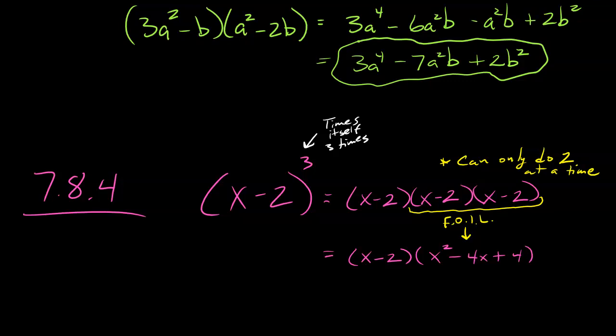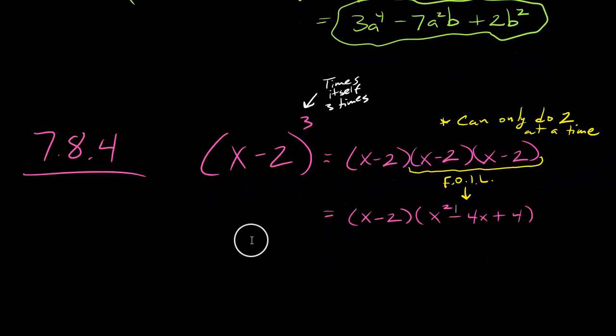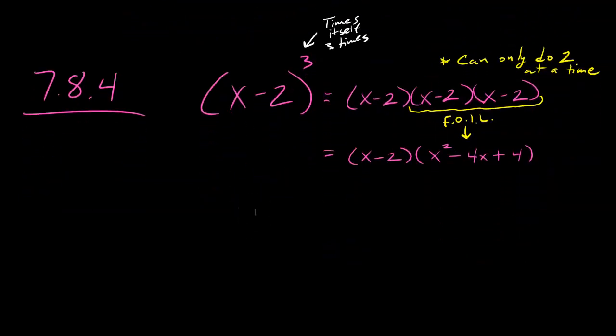But you'll notice that I put the answer to that in its own parentheses, because I'm still multiplying by something else. And now you can absolutely see why these are slow. So now I have to do distribution.